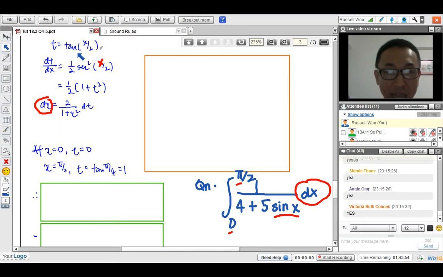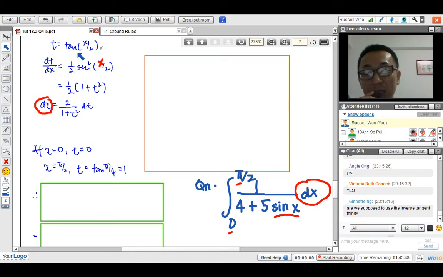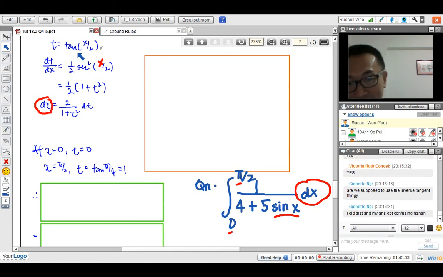Because when we say tangent 30 degrees is 1 over root 3. Almost, Jeanette, almost. What we are saying is opposite over adjacent is 1 over root 3 as a ratio.